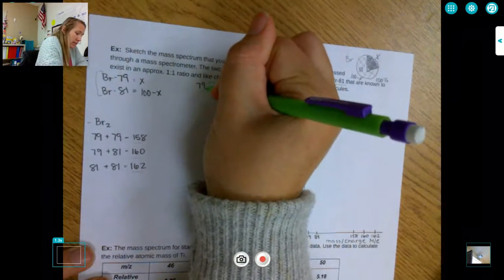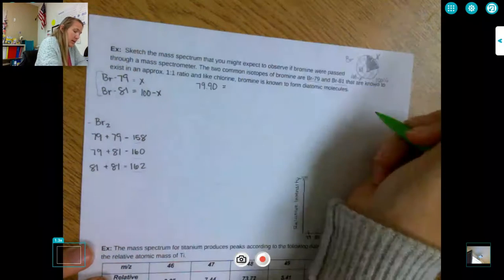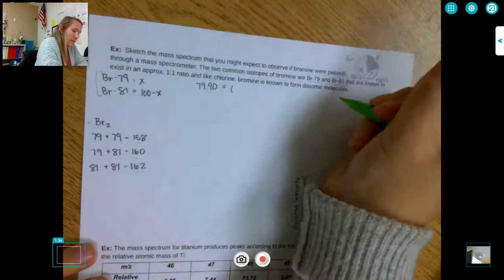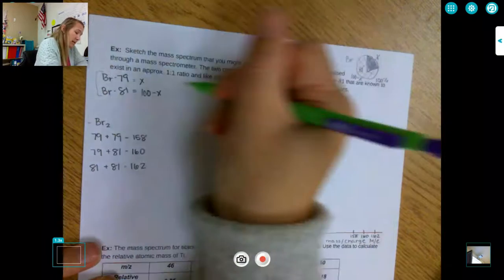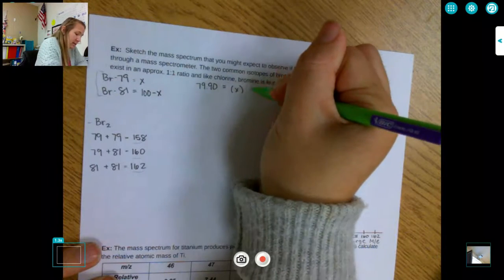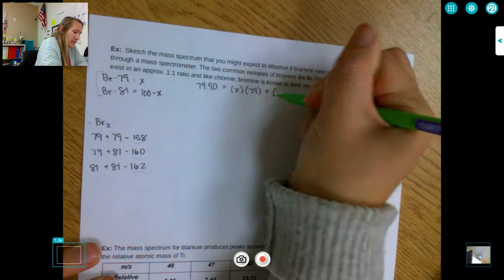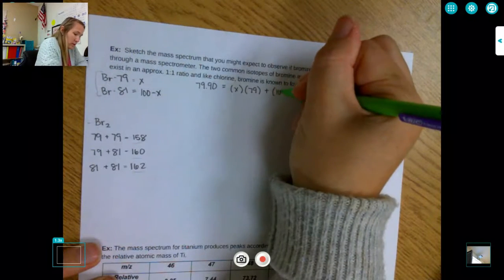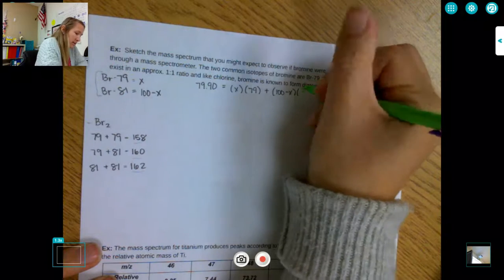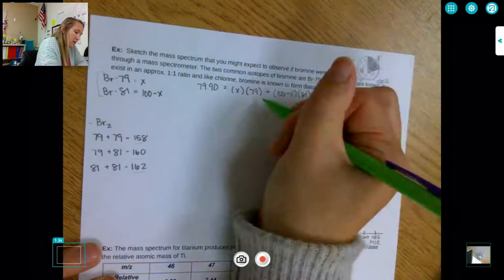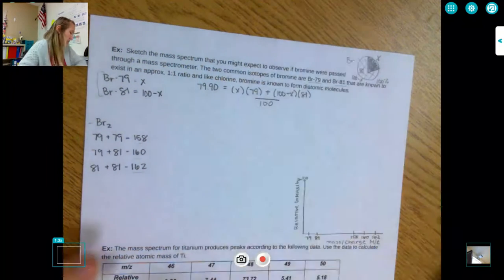So I know that 79.9 is equal to my average atomic mass calculation: my percent X times its mass, 79, plus my other percent, 100 minus X, times 81, all divided by 100.